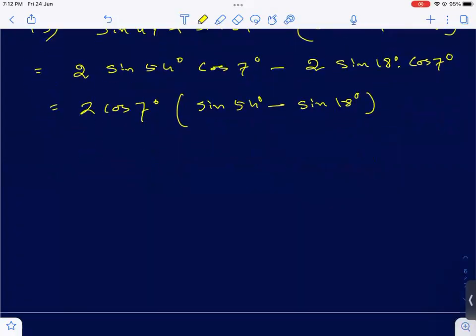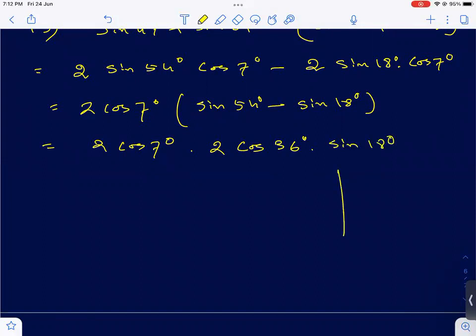Okay. So again, sine c minus sine d. Sine c minus sine d's formula is 2 cos c plus d by 2 sine c minus d by 2. It means 2 cos, 54 plus 18 by 2, 36, into sine c minus d by 2, 54 minus 18 by 2, obviously 18.